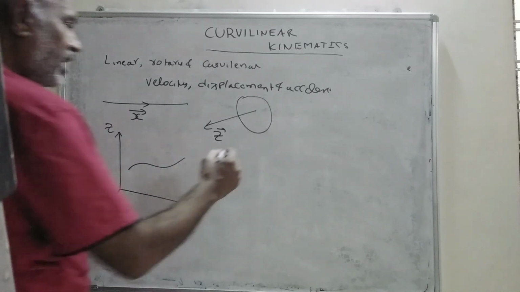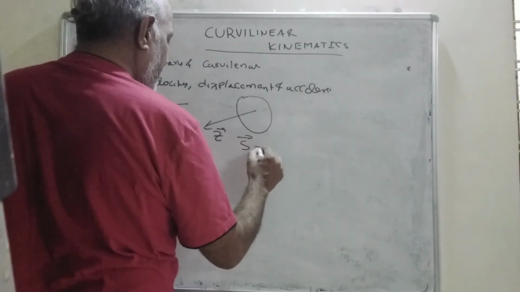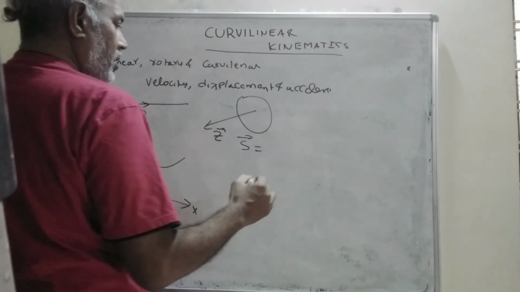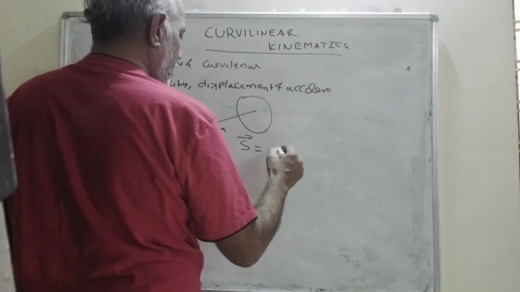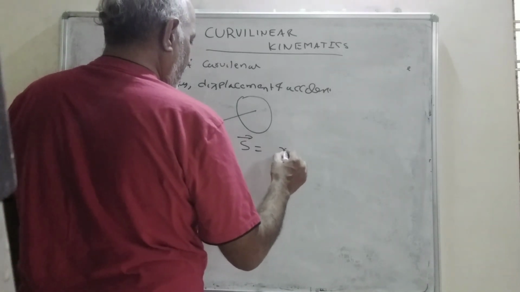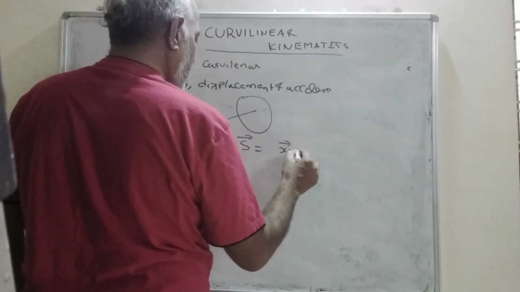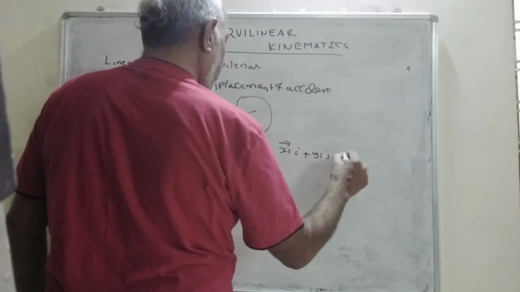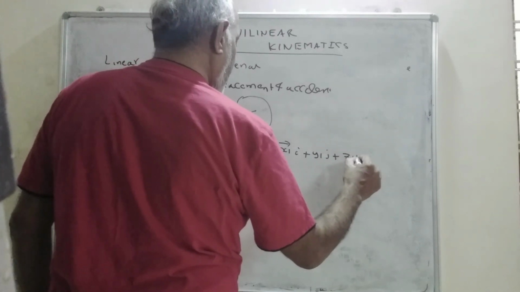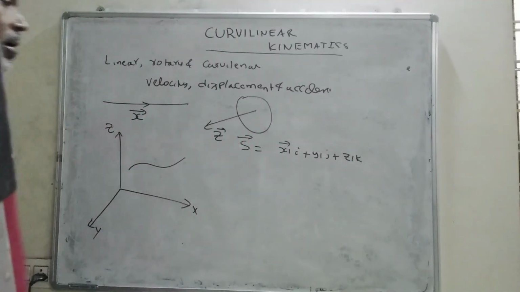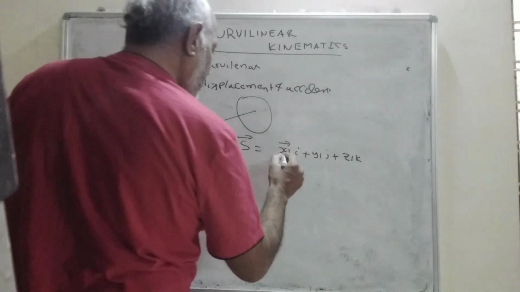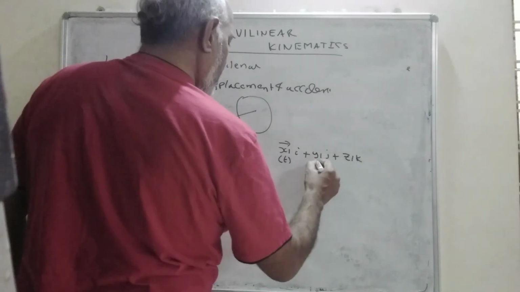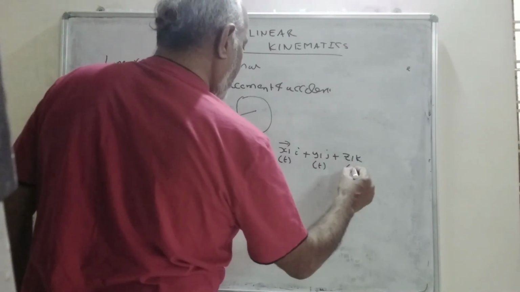So the displacement vector is equal to x1 i plus y1 j plus z1 k. x1 in terms of t, y1 in terms of time, z1 in terms of time.